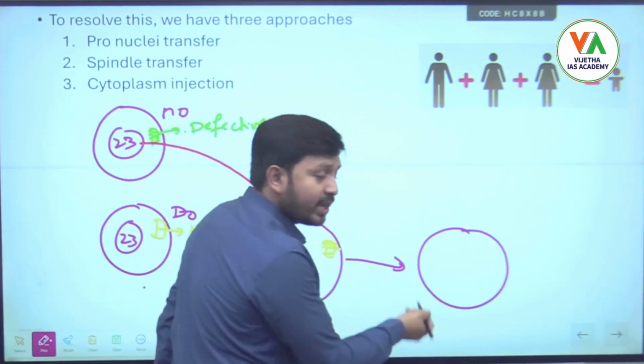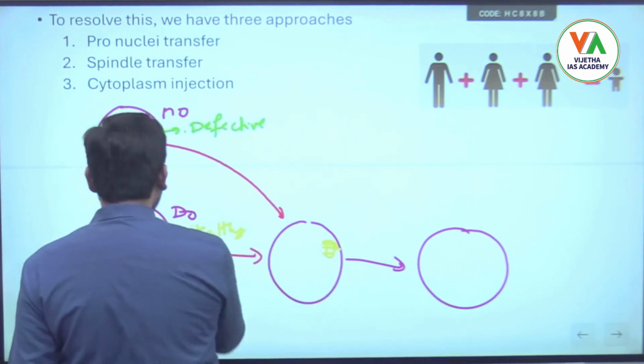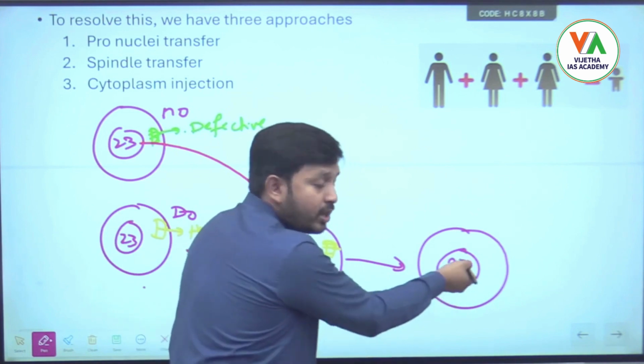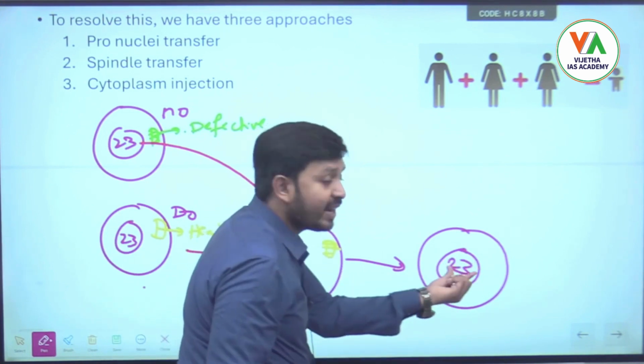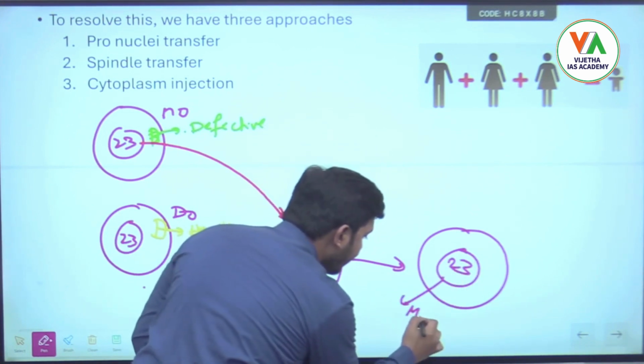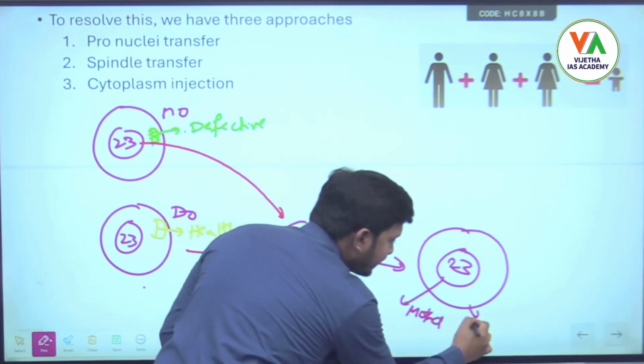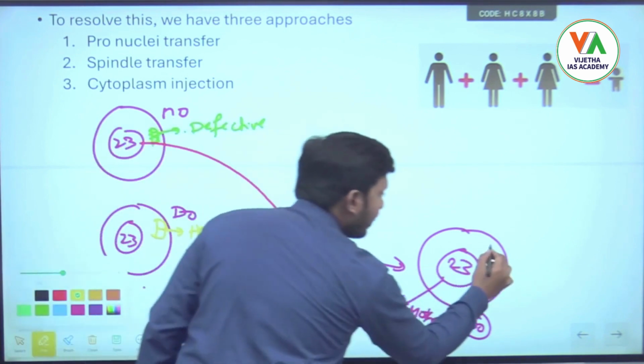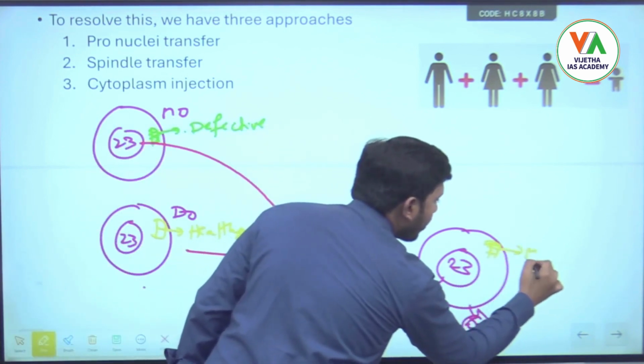This is the donor's ovum, and whose nucleus or DNA are we getting? This is the mother's DNA. This is the donor's ovum, and in this donor's ovum we are having a healthy mitochondria.